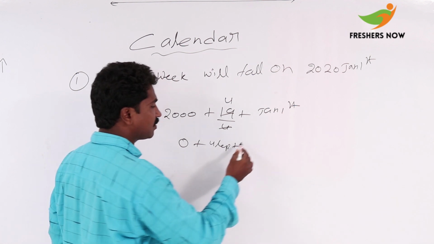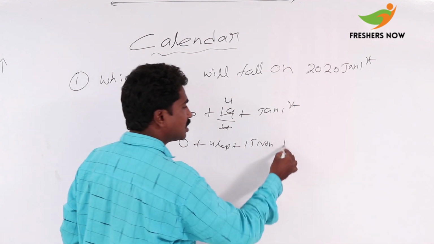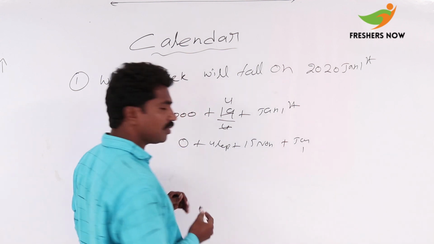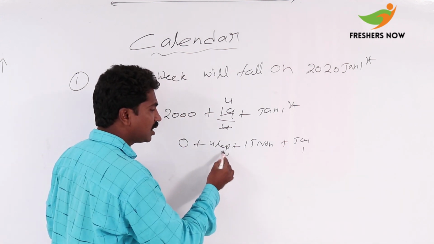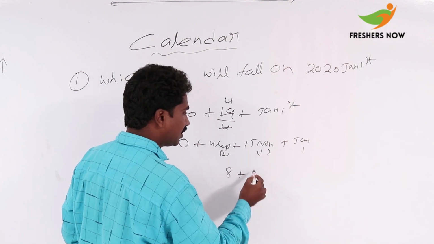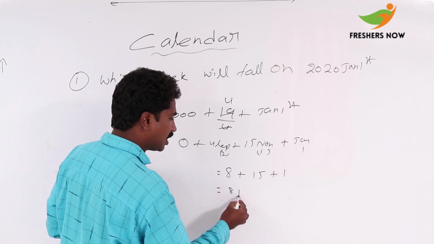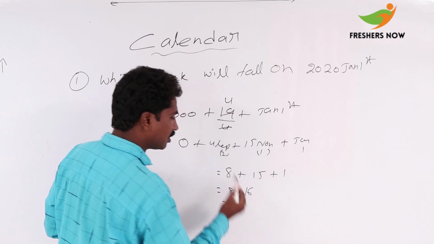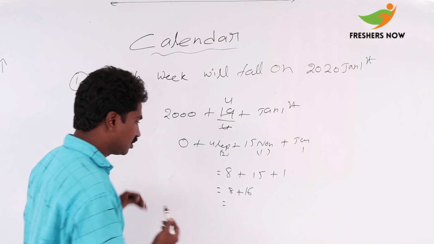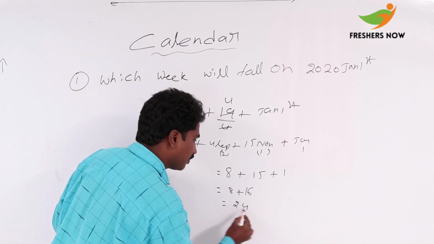Remaining, 19 minus 4, 15 non-leap years, plus January 1st. For every leap year, 2 odd days. For every non-leap year, 1 odd day. So 4 2s are 8, 15 1s are 15, plus 1. Add all the days: 8 plus 15 plus 1 is 24. Here total days 20.